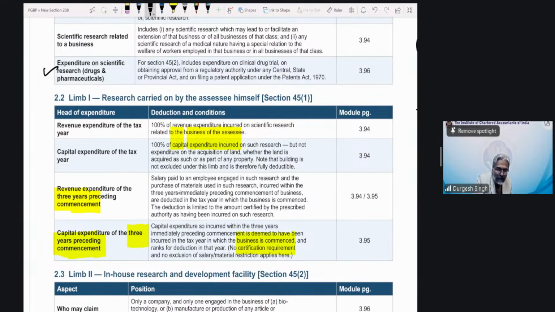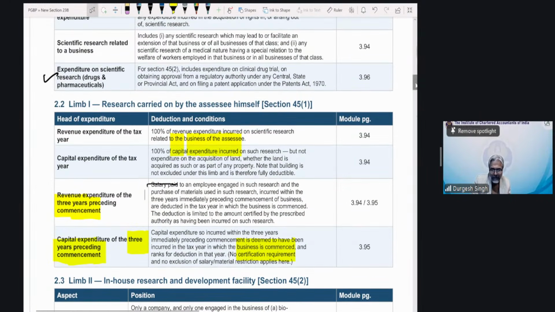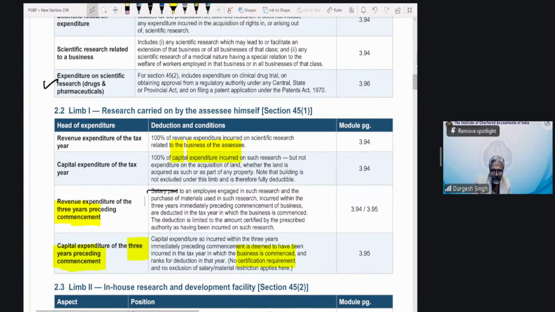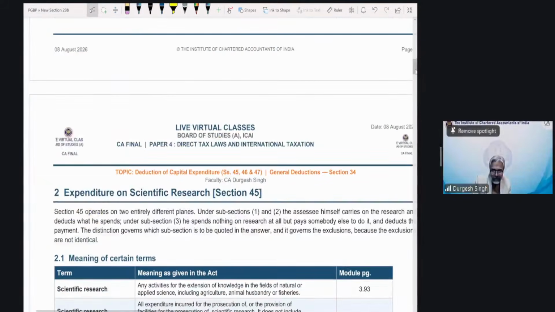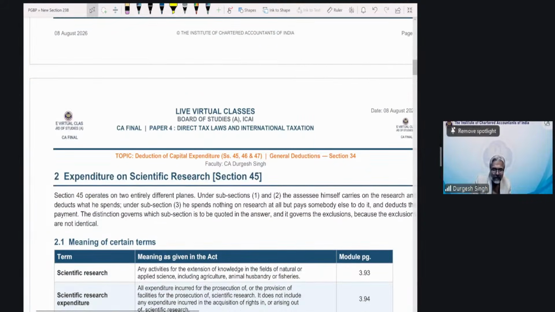See here, students, in this case, for revenue expenses, just have a look. What is the eligible expenditure before the commencement of business? If you see, for revenue expenses, students, be careful.